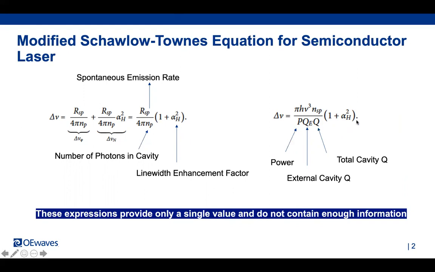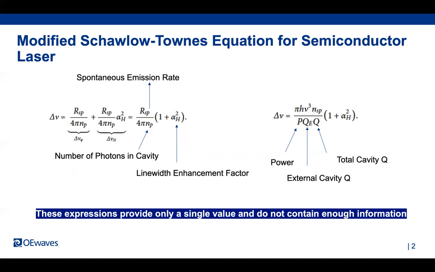While these equations give insight into the performance of the laser, and include certain parameters that are fundamental to the laser, the use of line width to depict the noise of the laser is really not very convenient.